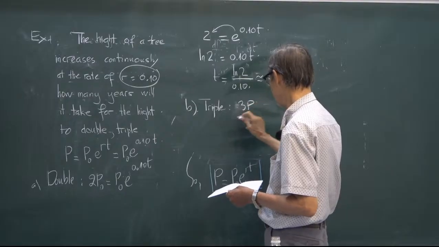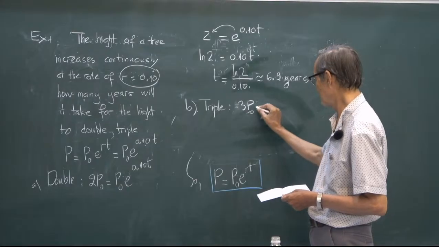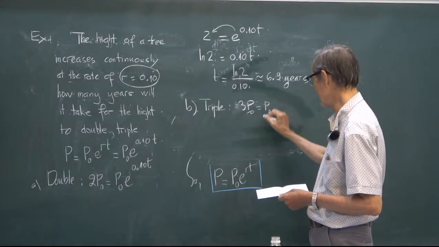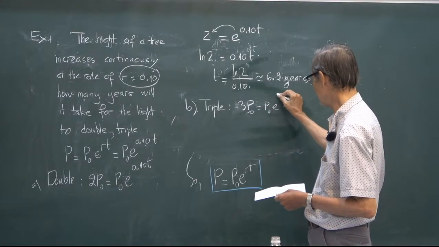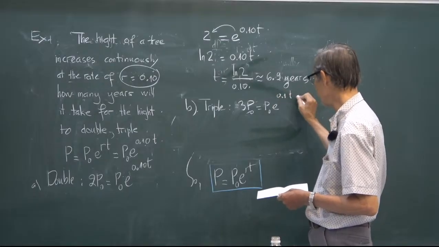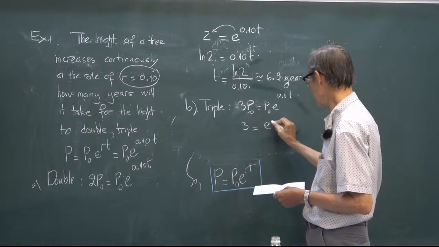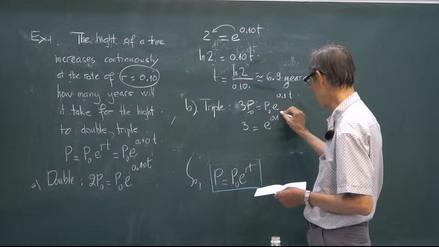Triple is 3 V0 equals V0 e power 0.1 T. 3 equals e power 0.1 T.